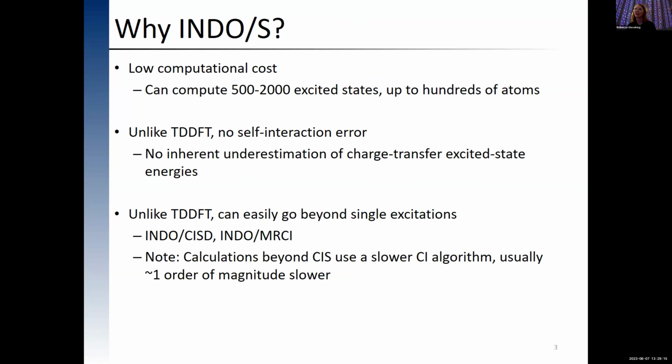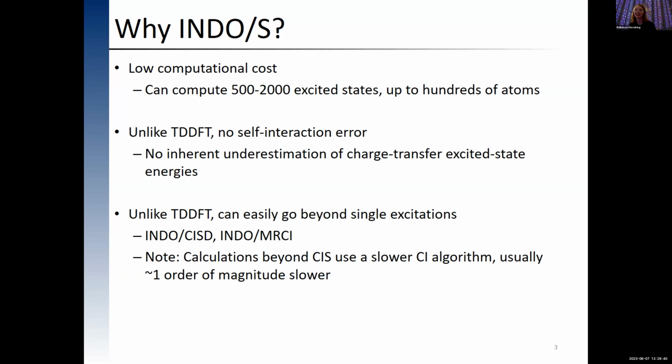Advantages of this method for excited states. As for all our semi-empirical methods, computational cost is the big one, especially not just going to large systems, but going to hundreds of excited states or more. That's something that gets to be really difficult to do with any other method.